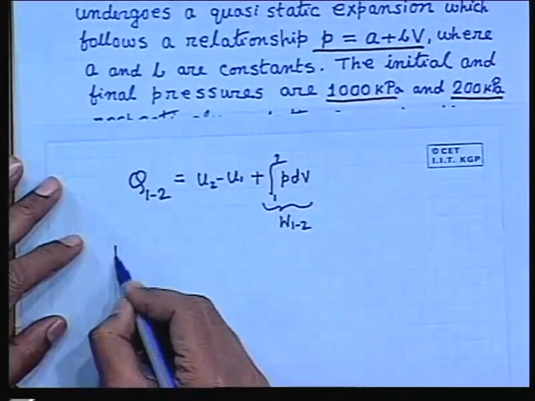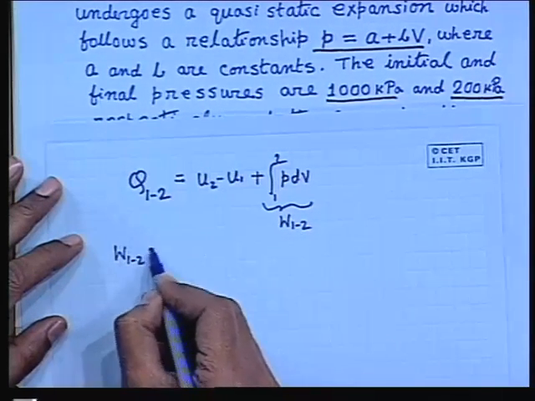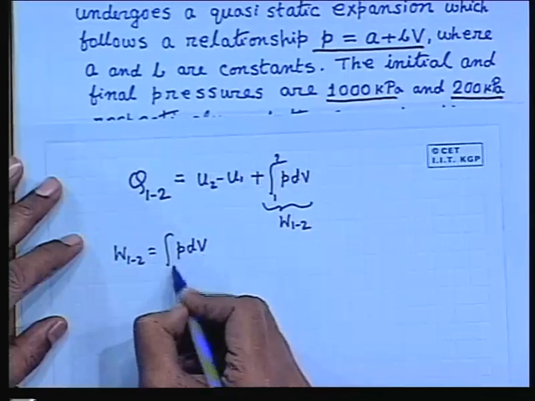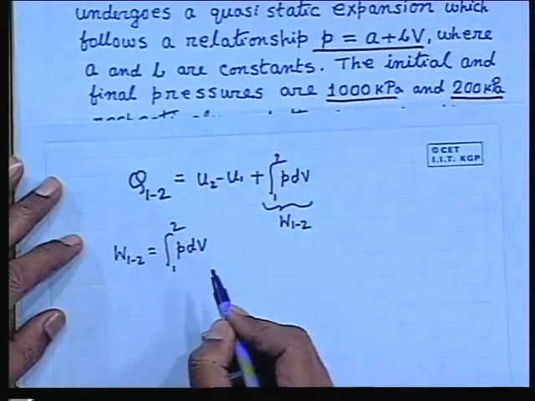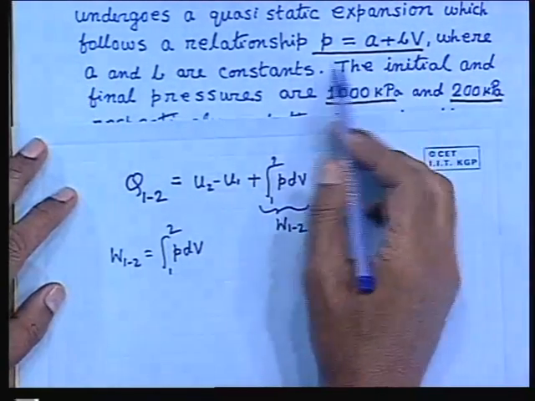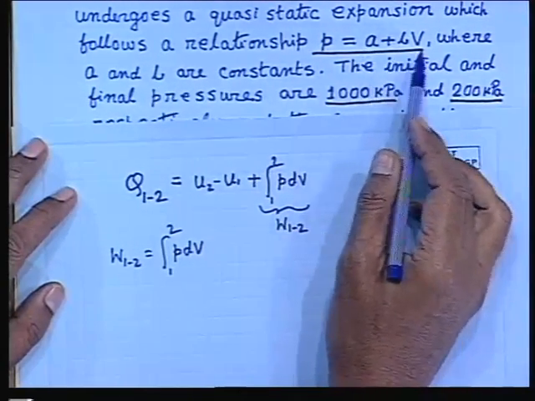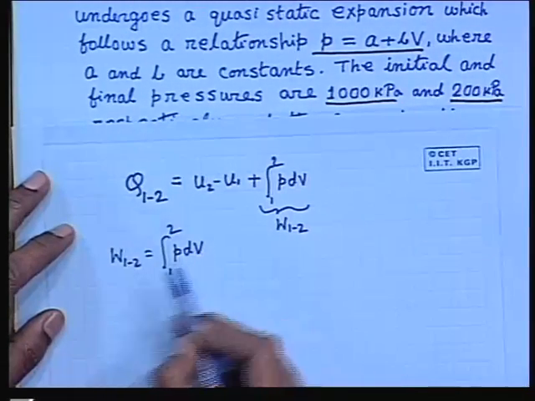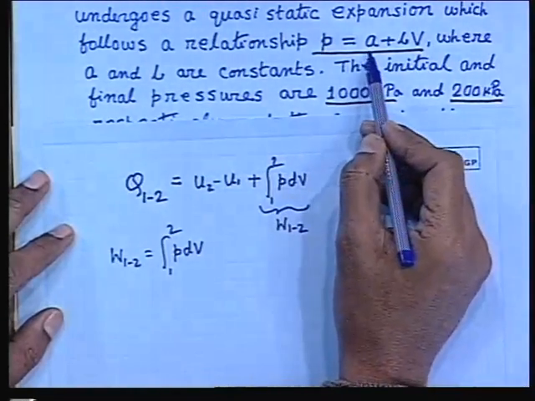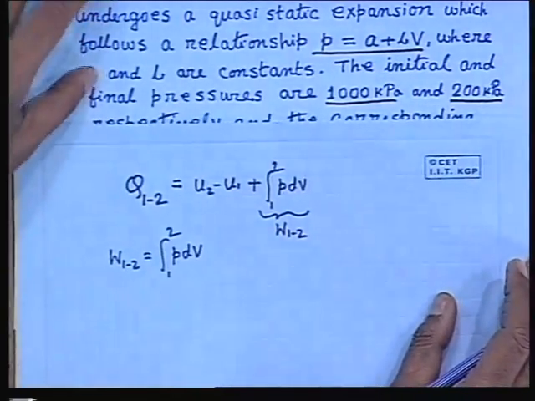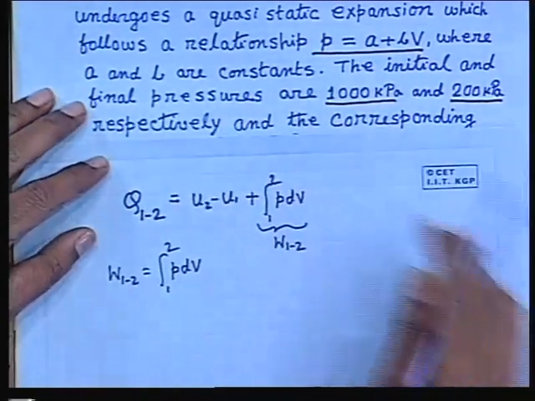That means W12 is the integral of P dV. It is a very simple problem, straightforward applications. Now, we know P as a function of V is a linear function of V, A plus BV. So, we can straightforwardly integrate it, but to get a numerical value, we have to know the numerical values of these constants A and B, and it is very simple. It is found from these two conditions.